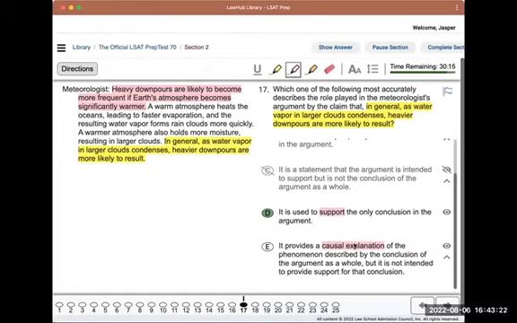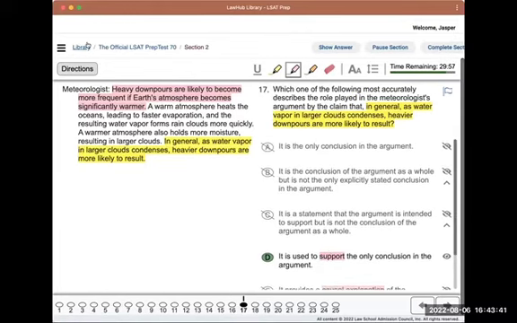It's part of the puzzle, but it doesn't do it on its own. And then to say that it's not intended to provide support for the conclusion, it is intended to provide support. All three of these sentences together support the conclusion. So D is actually the best answer.